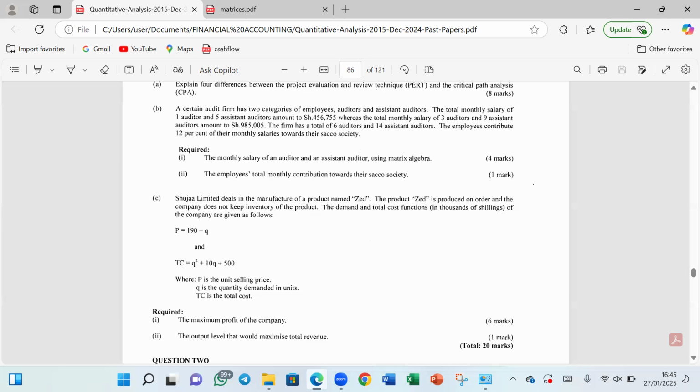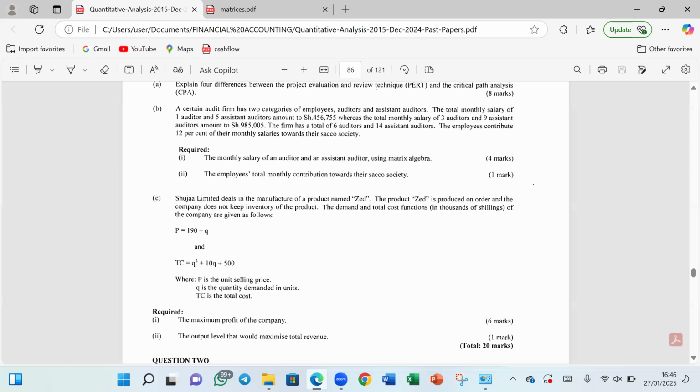The total monthly salary of 1 auditor and 5 assistants is, so tunasema 1 auditor, so X plus 5Y is equals to 456,755.